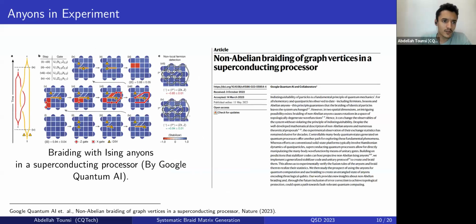There are many anyon models in theory, but in experiment, very recently we have the creation of non-abelian anyons, specifically Ising anyons, by Google Quantum AI. You see here they managed to realize Ising models in experiment, on a lattice of qubits, using conditional processing.